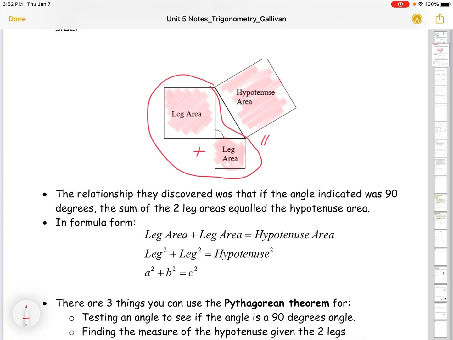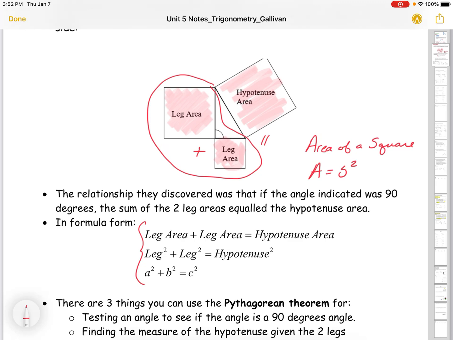Now, the area of a square has the formula side squared, right? So for each leg, the area was the leg squared.